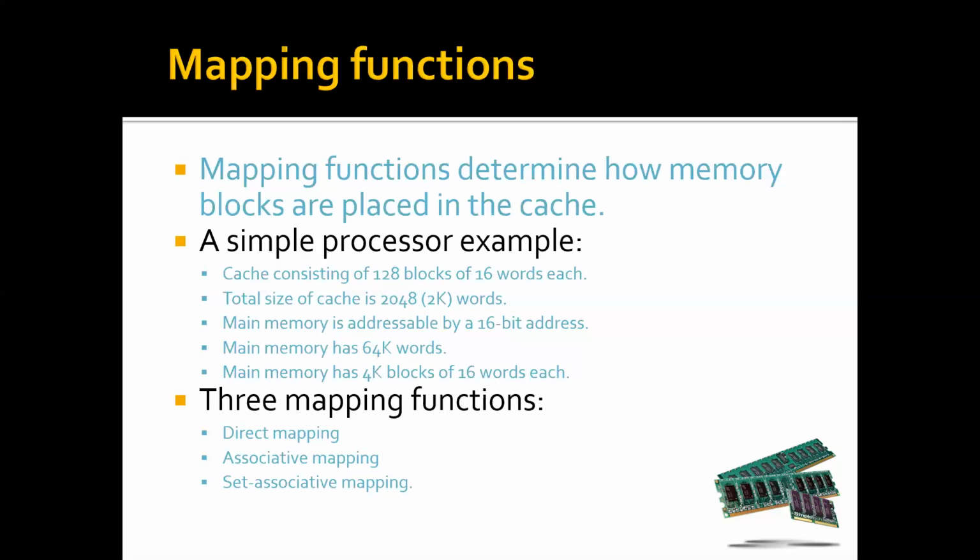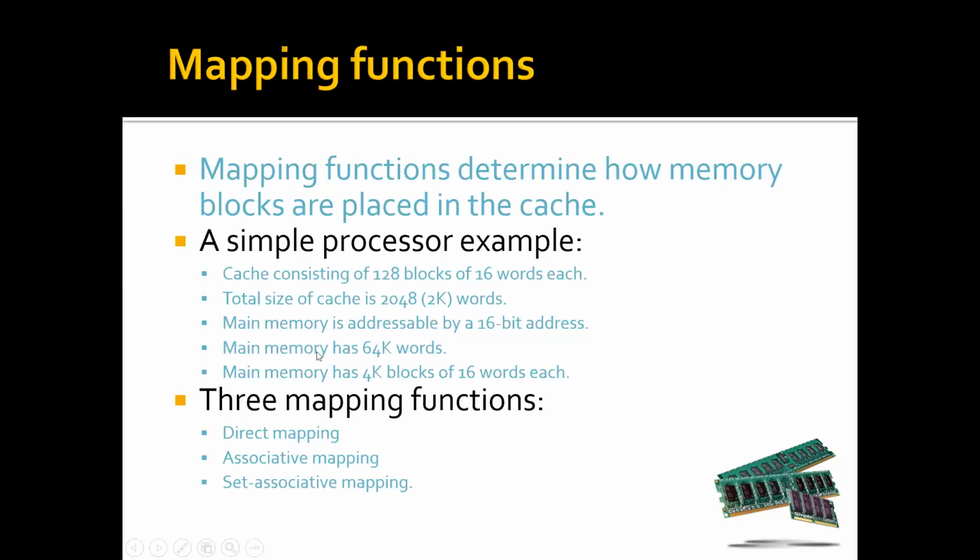So 2 to the power 7 into 2 to the power 4 is 2 to the power 11. 2 to the power 11 is nothing but 2048 words or 2k words. 2 to the power 11: k is 2 to the power 10. So the size of the cache memory is 2 to the power 11 words.